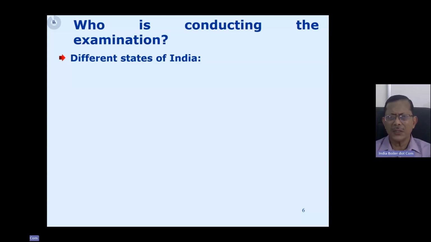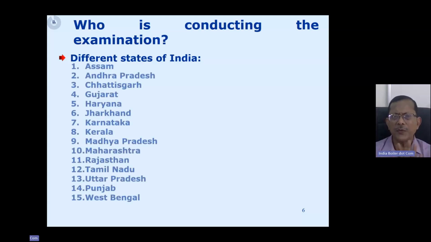Now, so far, since this rule came into place in India, there are about 15 states who have and are conducting this examination. Some regularly, some are conducting maybe once in 2-3 years or something like that, right?